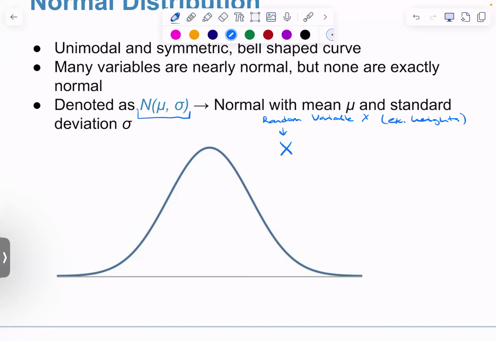X is just a placeholder for anything that we know varies across populations, right? Which is pretty much everything, right?